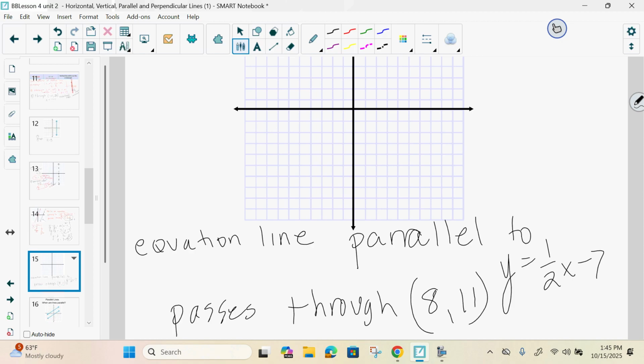If you want to draw it, but you don't need to draw it. So you've got your slope and you've got your point. You're putting it into y minus y1.